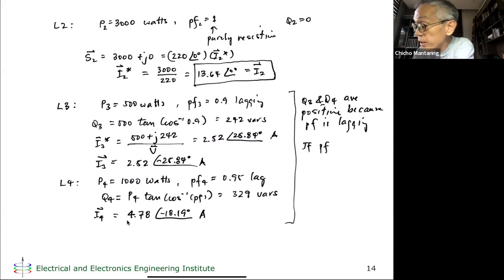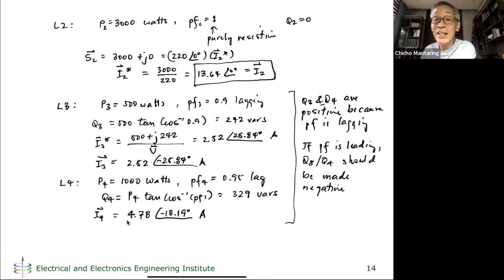If your power factor is leading, Q3 or Q4 should be made negative. Just remember that. Again, that's where a lot of students make a mistake. Nakakalimutan nilang gawing negative itong Q kapag yung power factor hindi lag, kapag yung power factor is leading.